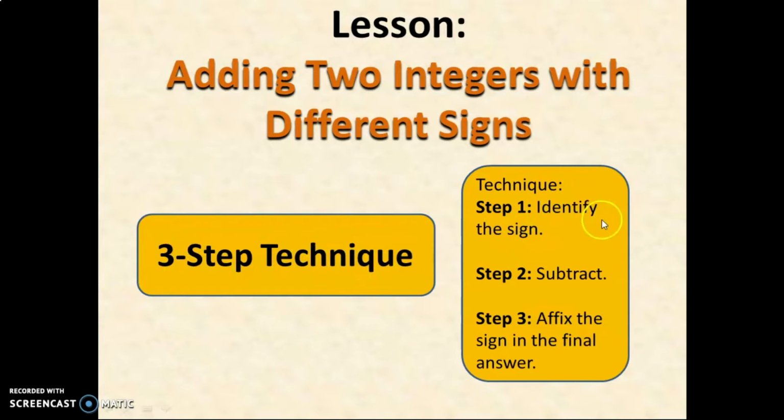So step 1, identify the sign. Step 2, subtract. Then step 3, affix the sign in the final answer. So step 1, identify muna natin yung sign. Step 2, we subtract. Then step 3, kung ano yung sign na nakuha natin sa step 1, that will be the sign of our final answer.